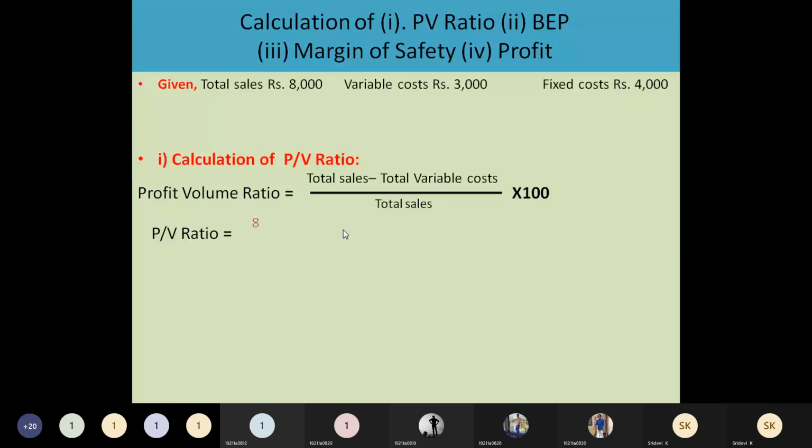So how much will you get? 8,000 minus 3,000 divided by 8,000 into 100.